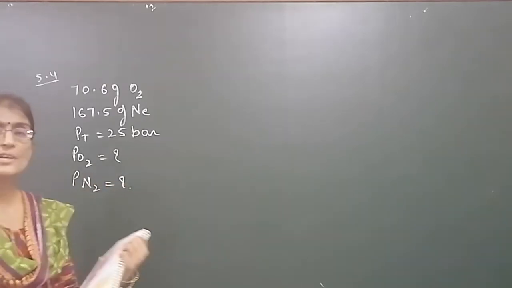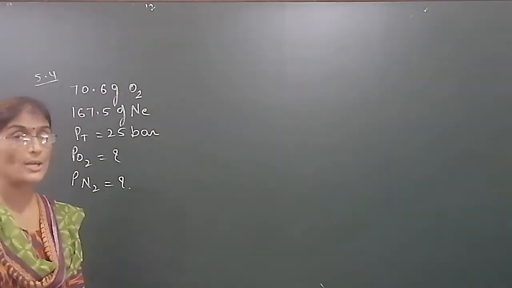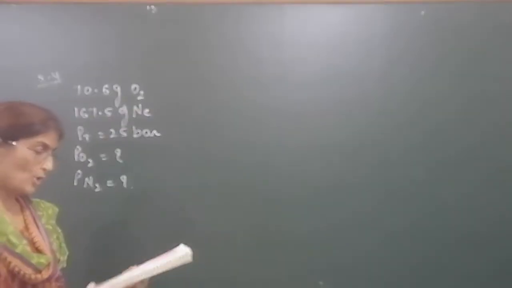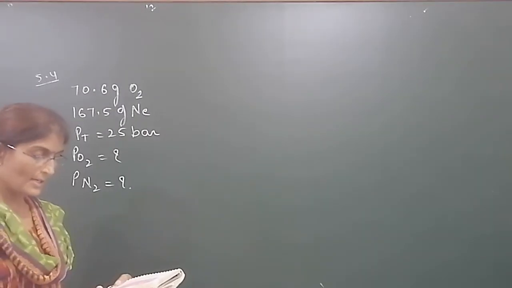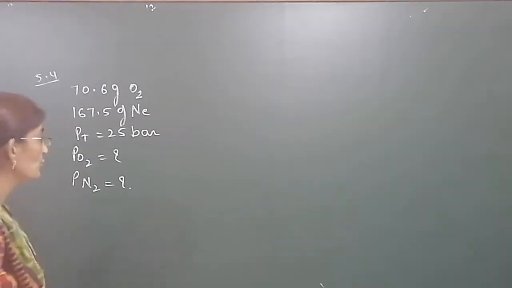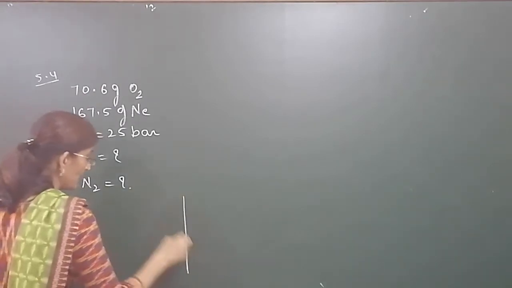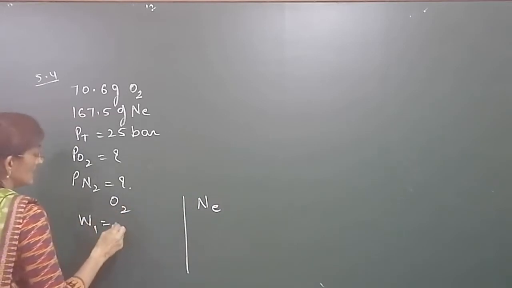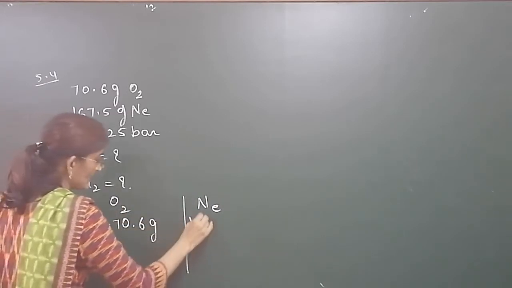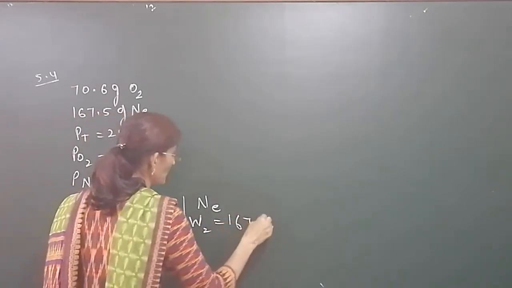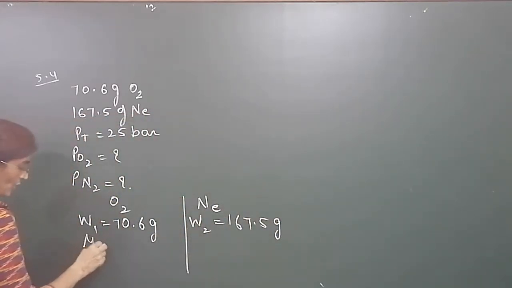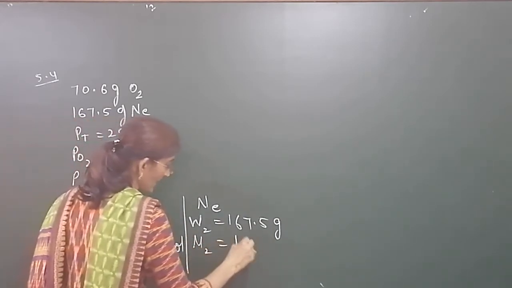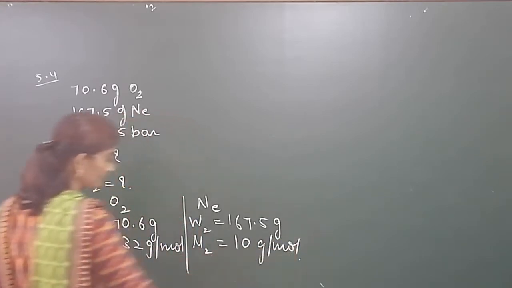We know that partial pressure is related to total pressure in terms of mole fraction. So first we will calculate mole fractions of oxygen and neon. Atomic weight of neon is 20 and that of oxygen is 32. Weight of oxygen is given as 70.6 gram, and of neon 167.5 gram. Molecular weight of oxygen is 32 gram per mole, and atomic weight of neon is 20 gram per mole.